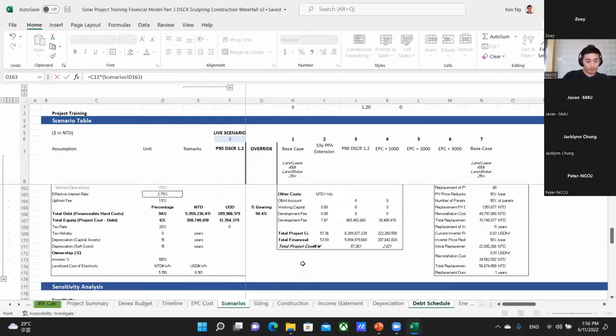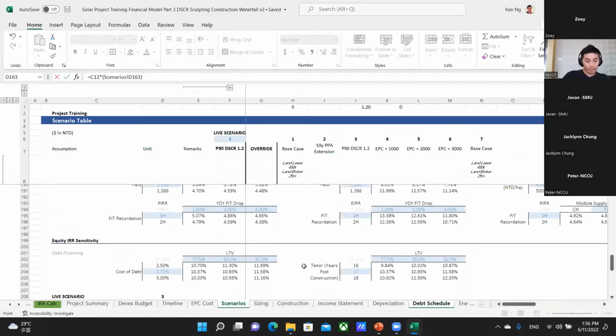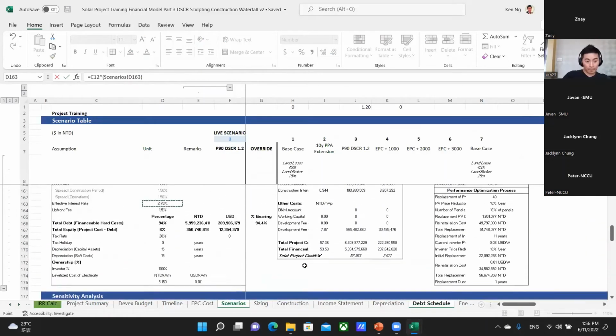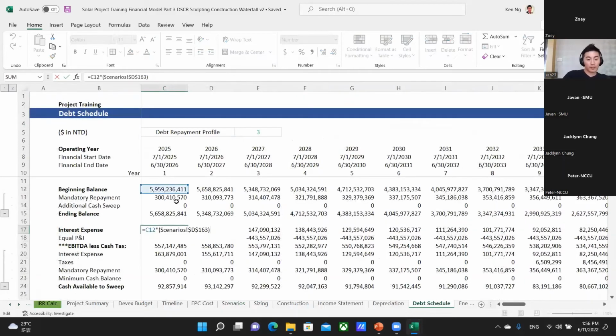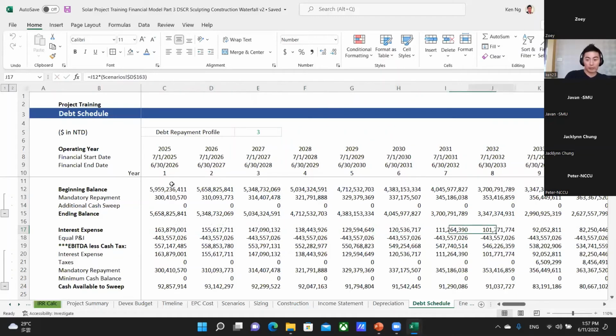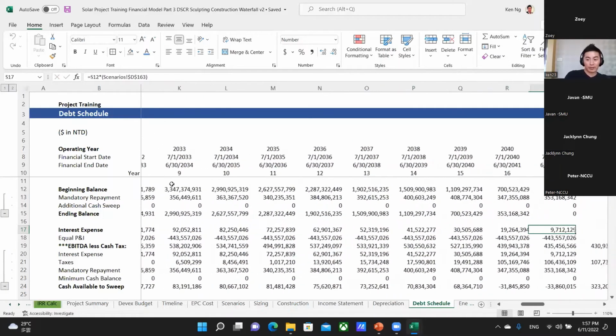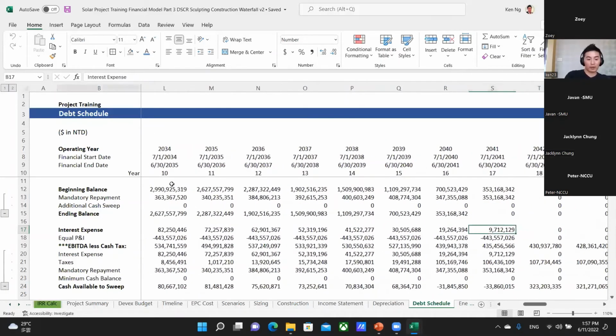The 2.75% interest rate, which is the 1.25 base rate plus the 150 margin, the 2.75. So it's 2.75% per annum multiplied by the beginning balance of our loan. This is how much interest we're incurring every year. As you can see, as we pay down the loan, the interest expense goes down every year because the outstanding loan amount is getting lower and lower.